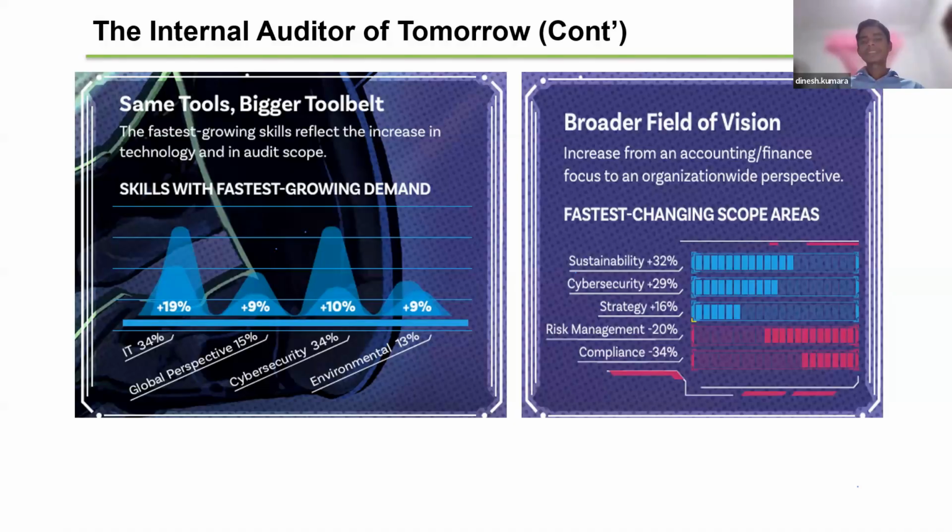The fastest changing scopes are sustainability, cybersecurity, and strategy. Risk management and compliance are your traditional scopes, and now they are converting into sustainability, cybersecurity, and strategy for the internal auditor.